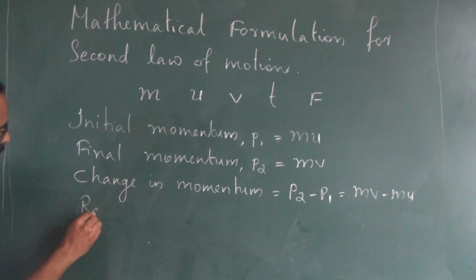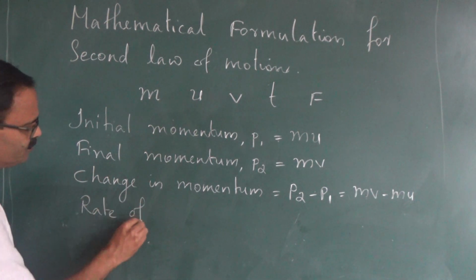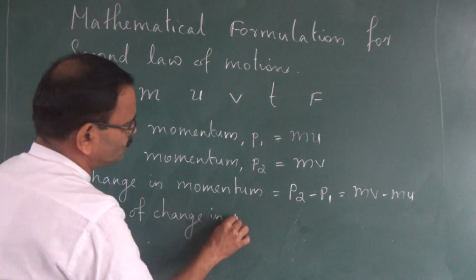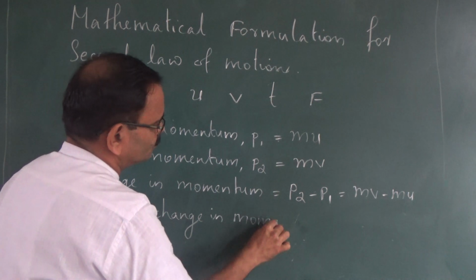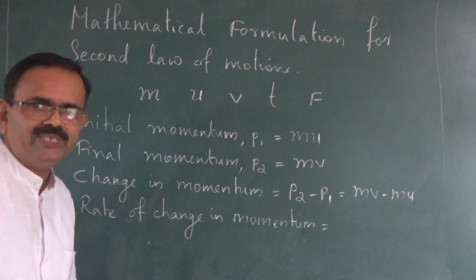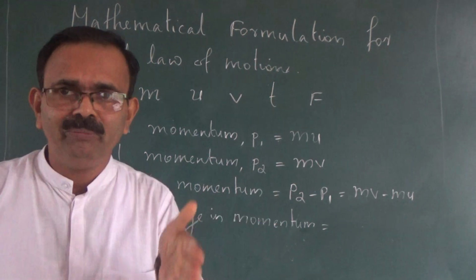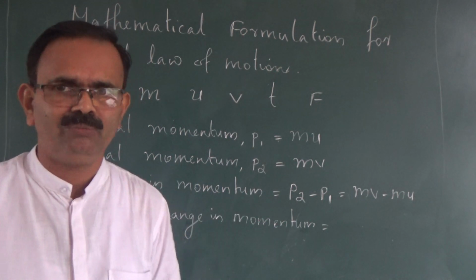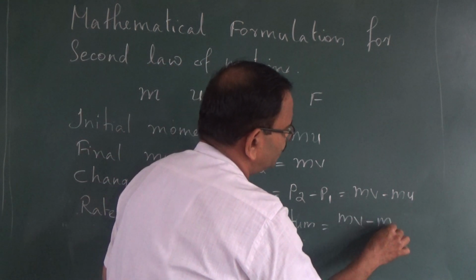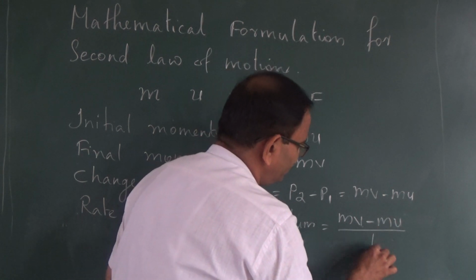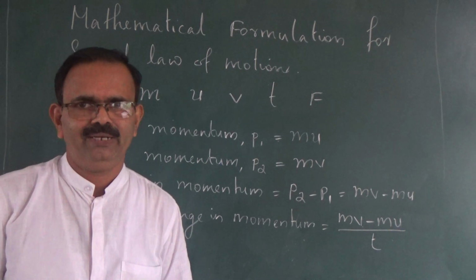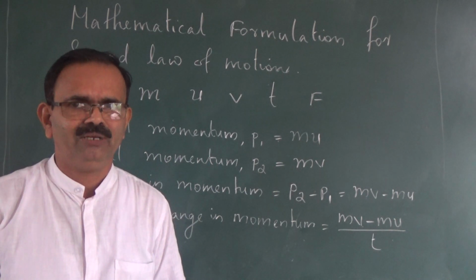Then what is rate of change in momentum? Rate of change in momentum is change in momentum divided by time. So change in momentum mv minus mu divided by t. This is the rate of change in momentum.